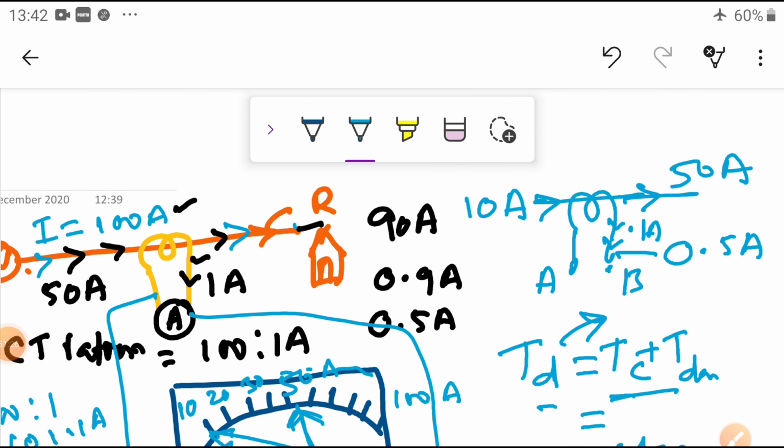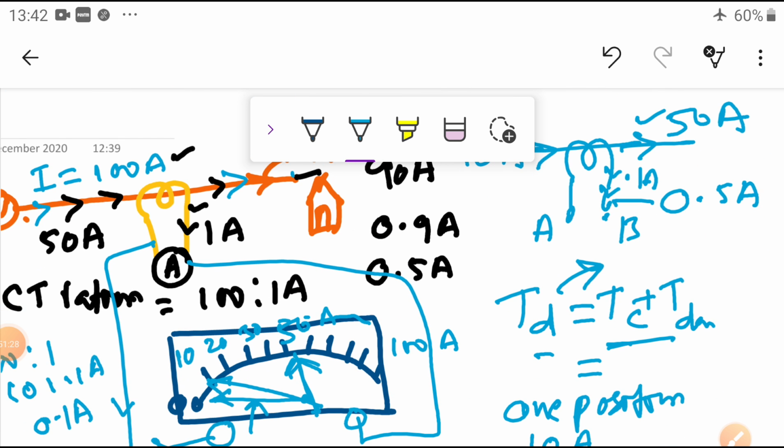The same current is flowing in the primary, in such a way that we calibrated our instruments. The current flowing in our instrument is only 0.5 amperes, but it indicates 50 amperes, which is the real current flowing in the line. Suppose 100 amperes flows, then correspondingly 1 ampere flows in the instrument, so the deflecting torque is more, and the pointer shows 100 amperes here.